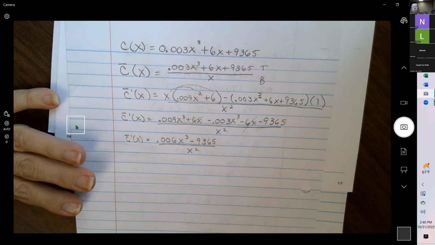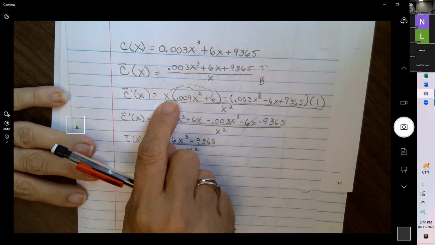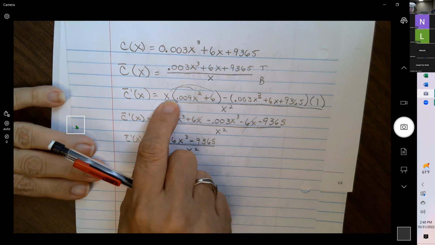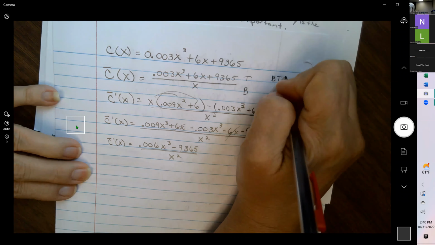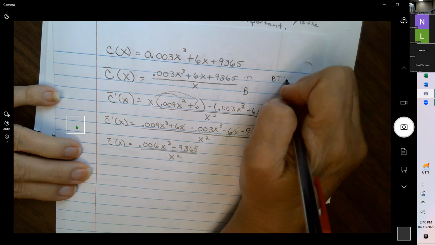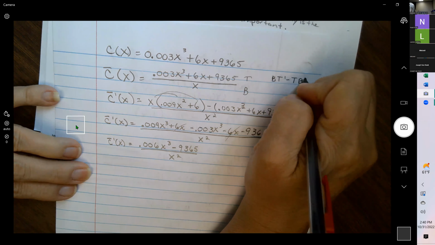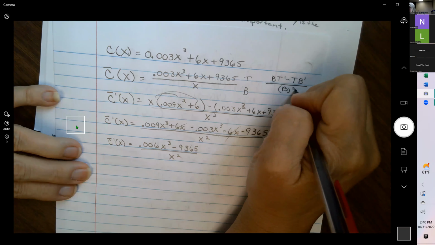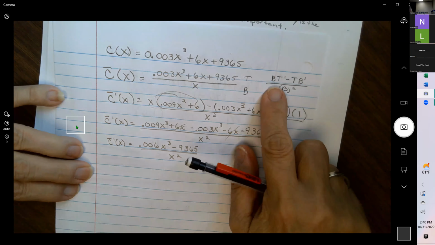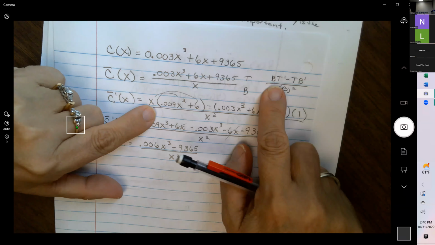Okay. So this one here came from the bottom. It was bottom times the derivative of the top minus the top times the derivative of the bottom all over the bottom squared. And so that first x was our bottom.